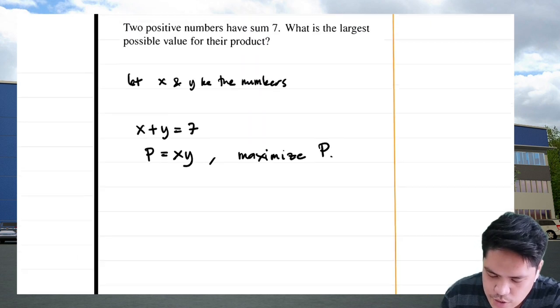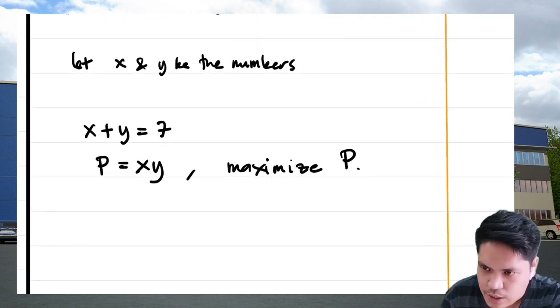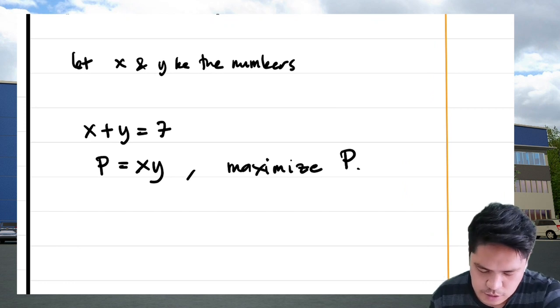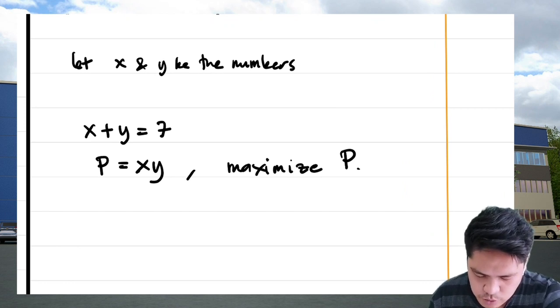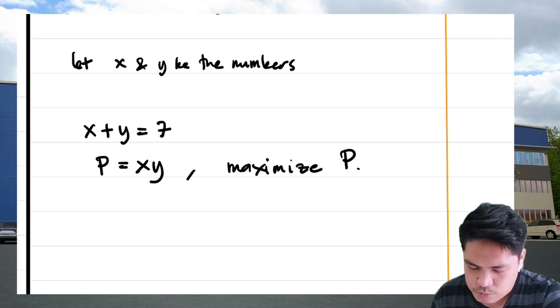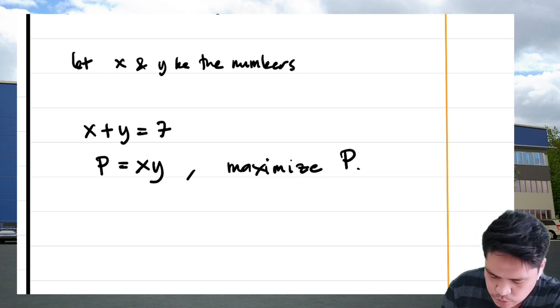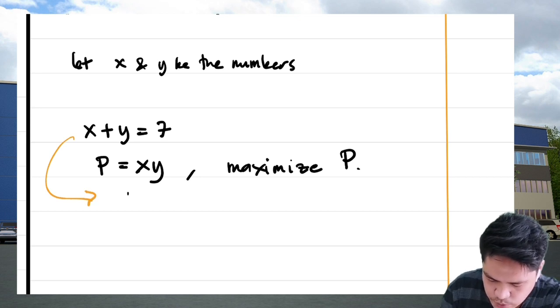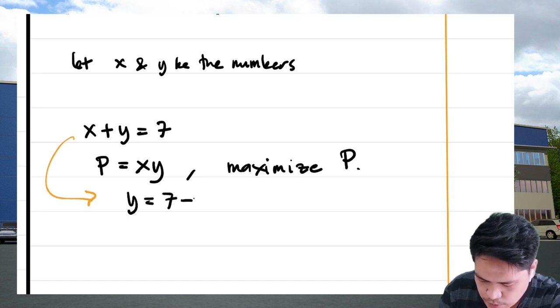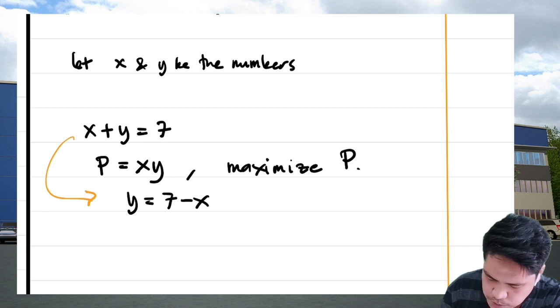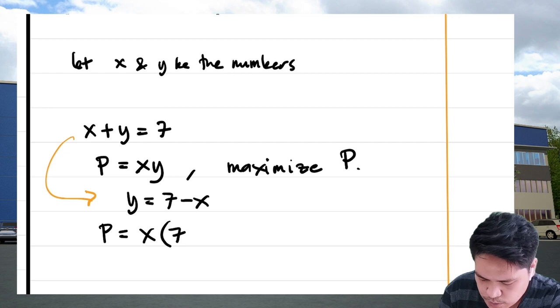Now, since we have already linked the relation between the two variables, we may express one variable in terms of the other. From here, y is equal to 7 minus x. So to express the function in one variable, p is equal to x times 7 minus x.